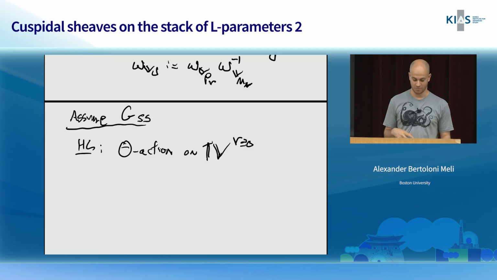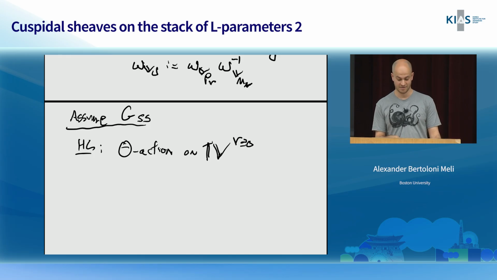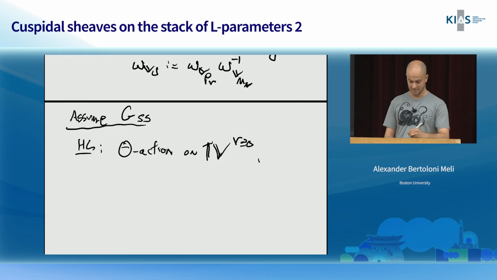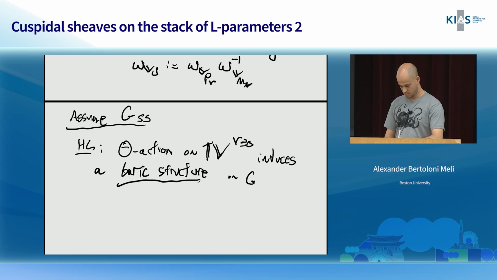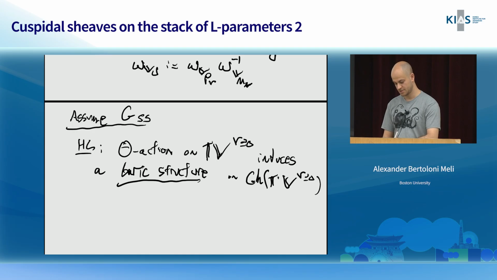And so one thing you realize is that this carries an action by this Theta. And this induces what Halpern-Leistner calls a baric structure on the cotangent of nu greater than or equal to 0, and also on the nu equals 0 stack.